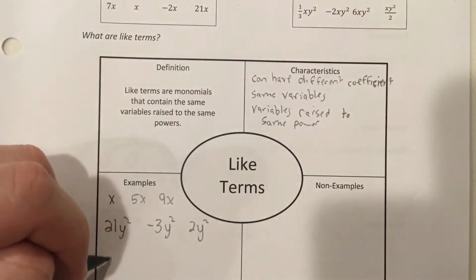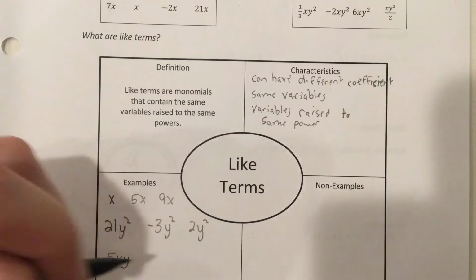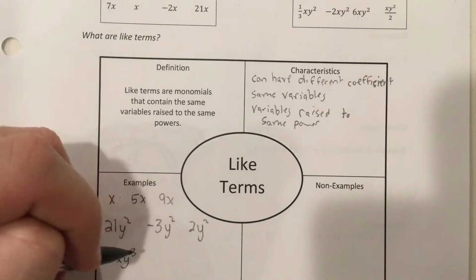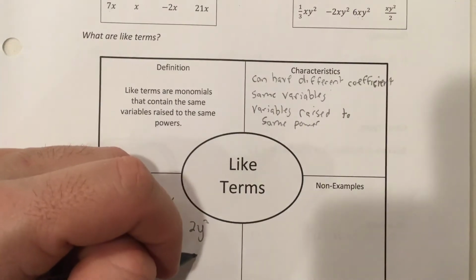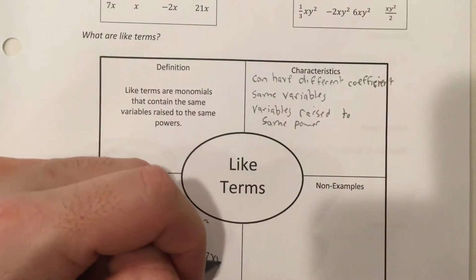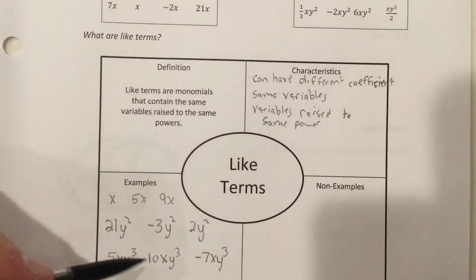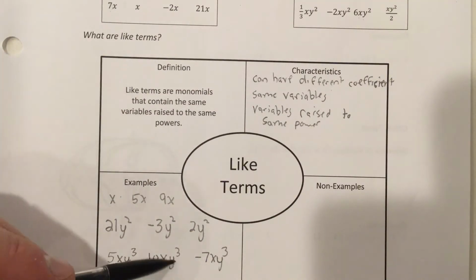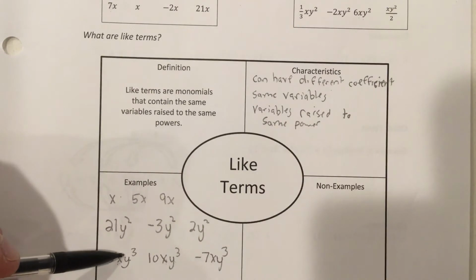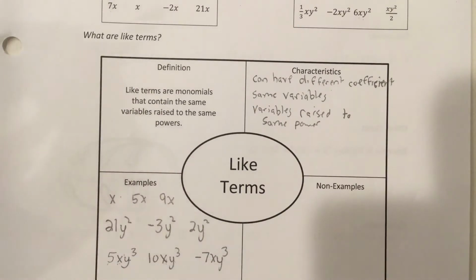Or we could say 5xy to the third, 10xy to the third, and negative 7xy to the third. Again, the coefficients, the numbers in front, can be different, but the variables are the same. They all have x and y, and the powers are the same, all x to the first and all y to the third.